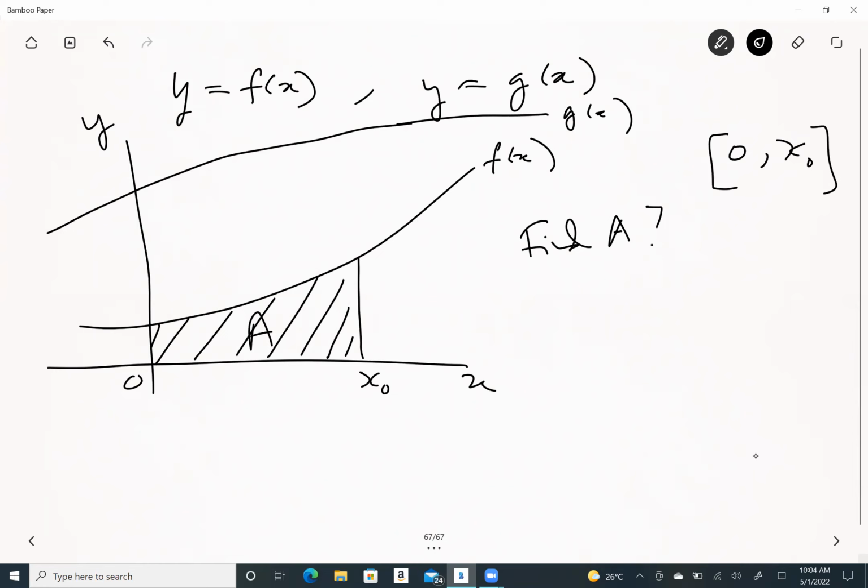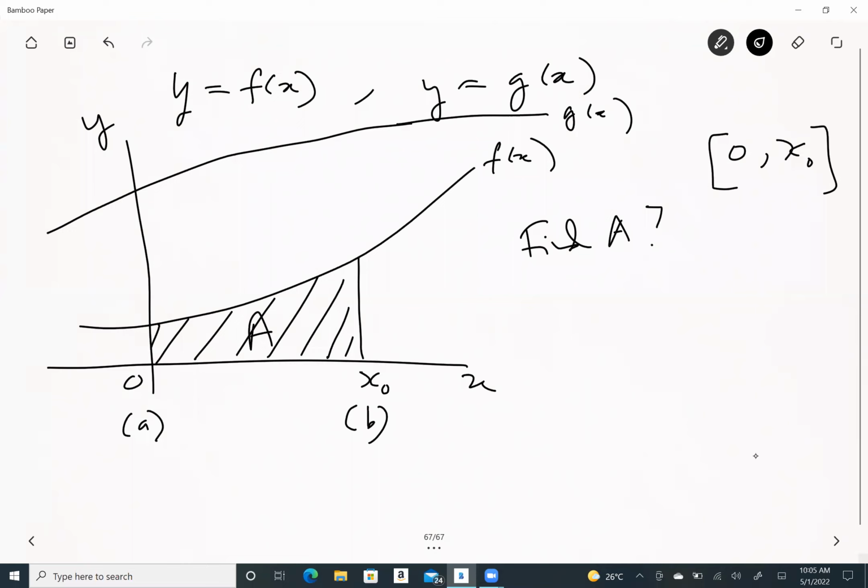We just want to find the integral of what function over what interval? The interval we know already, from 0 to x0. How can we get the area A?